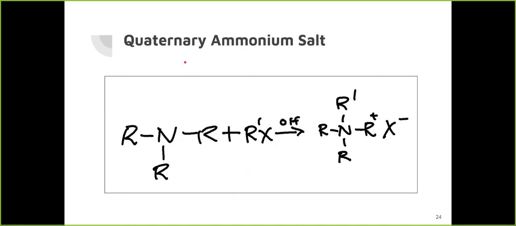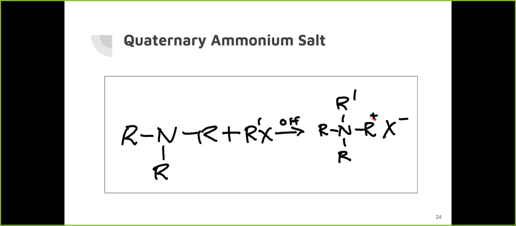And you can't really have a quaternary amine because this nitrogen only forms 3 bonds, but you can create what's called a quaternary ammonium salt by reacting a tertiary amine with a halogenated alkane in the presence of a base, and you will get a salt where you have attached the 4th R group, R chain, onto that nitrogen.